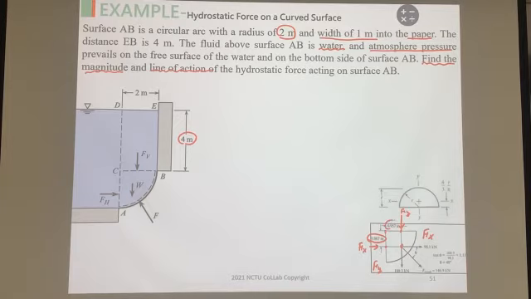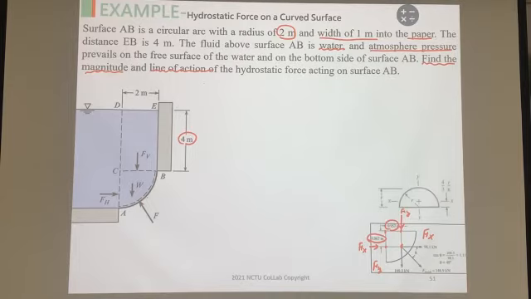So we need to know what is the length for Fy and Fx. That means we need to determine the location for Fy and Fx, and how large Fx and Fy are.